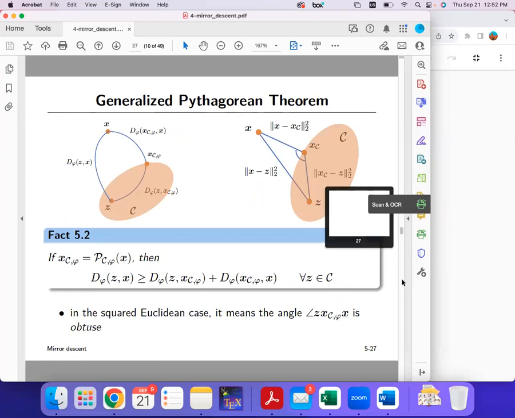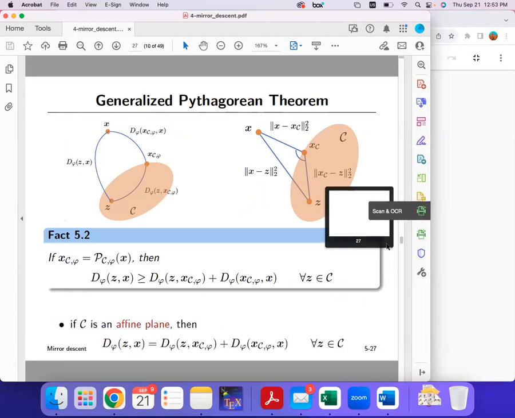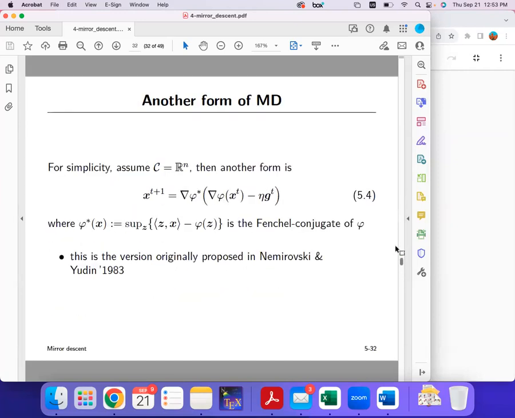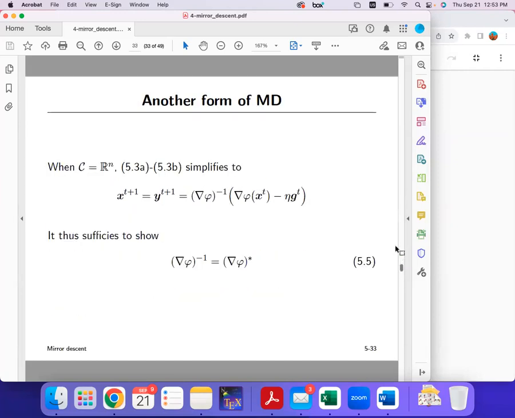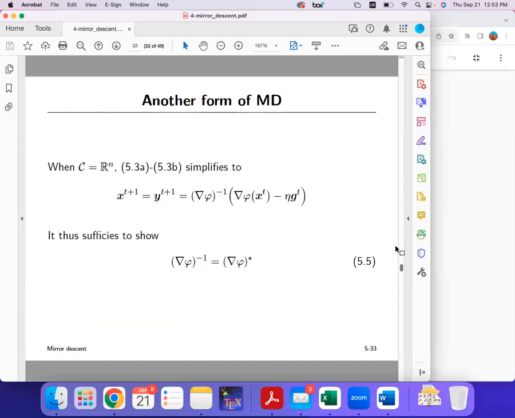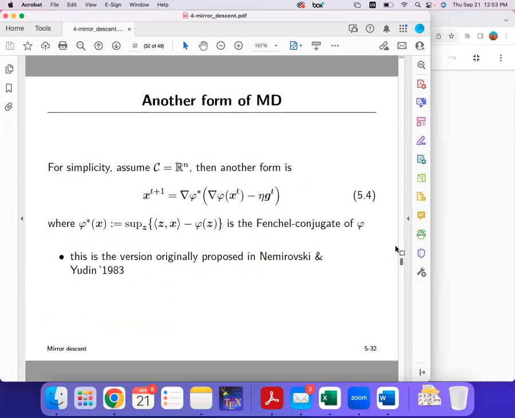So, but we will stick with this simpler form. There are some slides on proving the equivalence, but I will not go over them because we haven't really talked about this conjugate function.